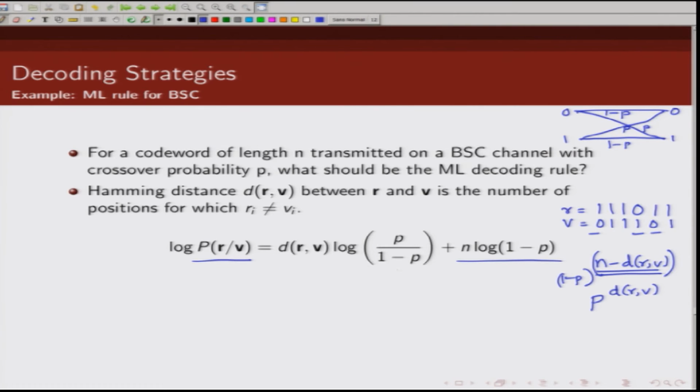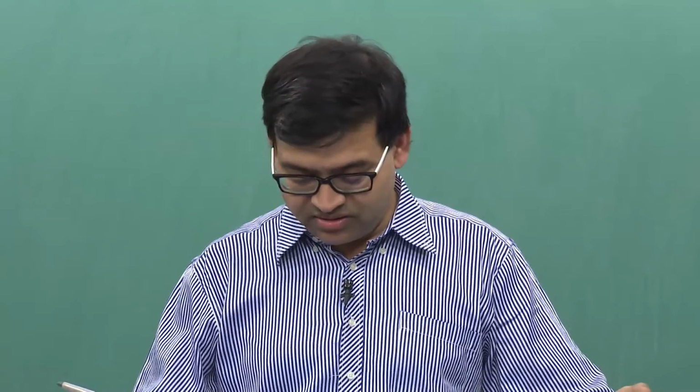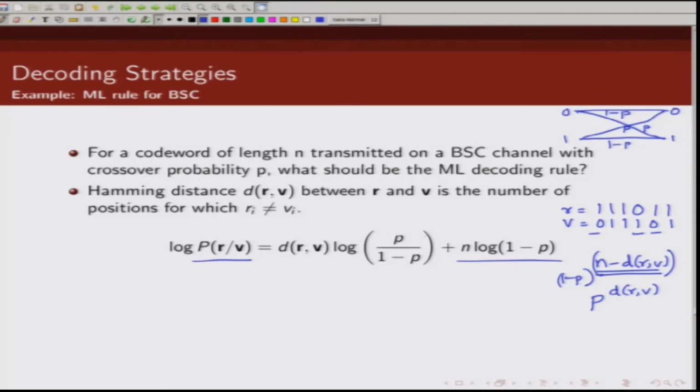Now, look at this term closely. Typically, the crossover probability will be smaller than half. If that happens, what happens to this ratio p by 1 minus p? This will be some ratio between 0 and 1. And what happens to the log of a number which is between 0 and 1?